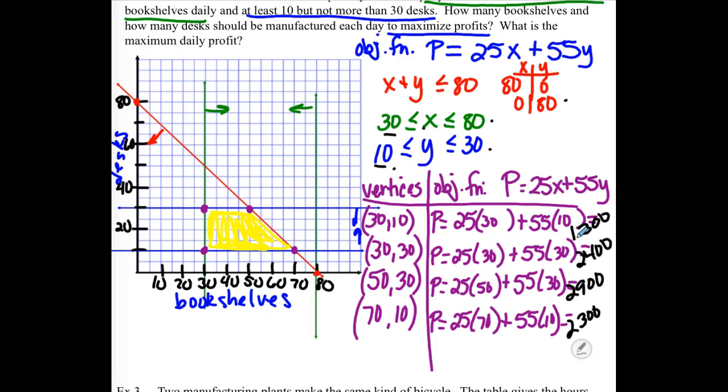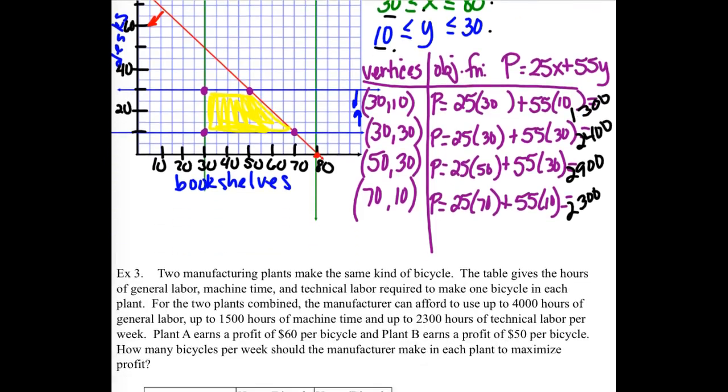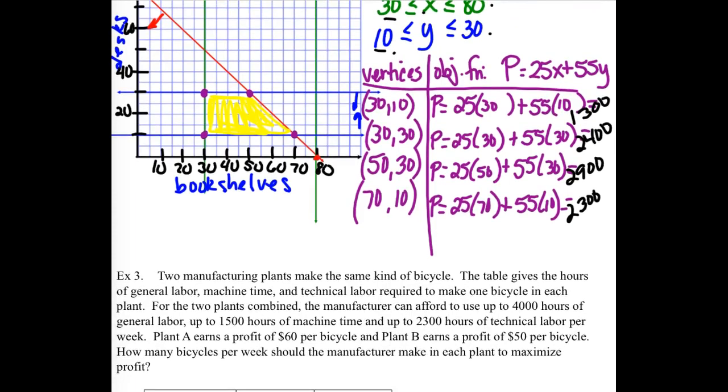So we want to maximize our profit, correct? Which one gives us the most? The 2900? So the 50, 30 option? Okay.